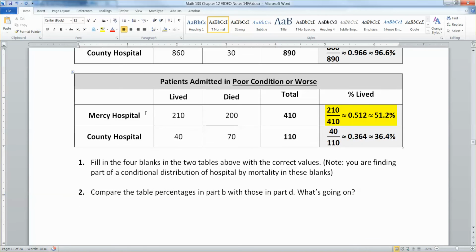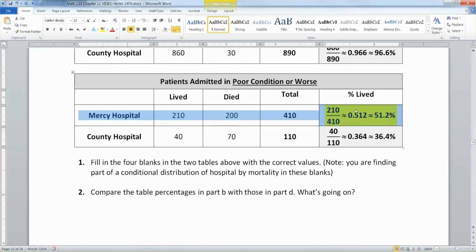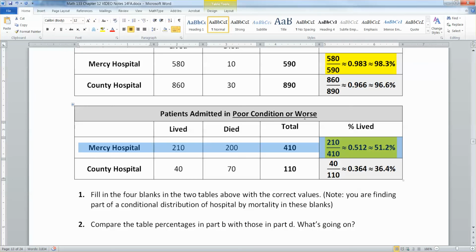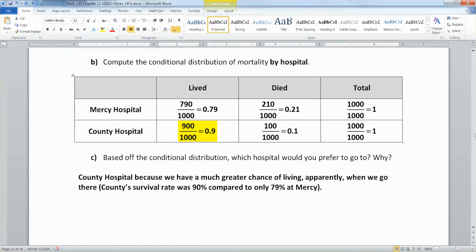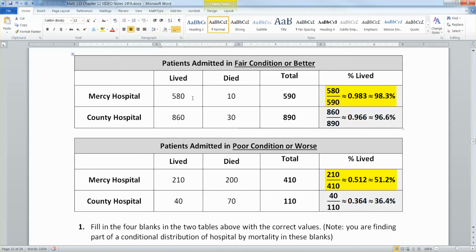Well, because Mercy gets so many poor condition patients, even though it does very well with them, its overall numbers are worse, right? So if you take 580 plus 210, you're going to have 790, this number right here, right? So if you add those two numbers up, that's what you get. But when you look at them in each of their own groups, they're actually doing better than County Hospital.